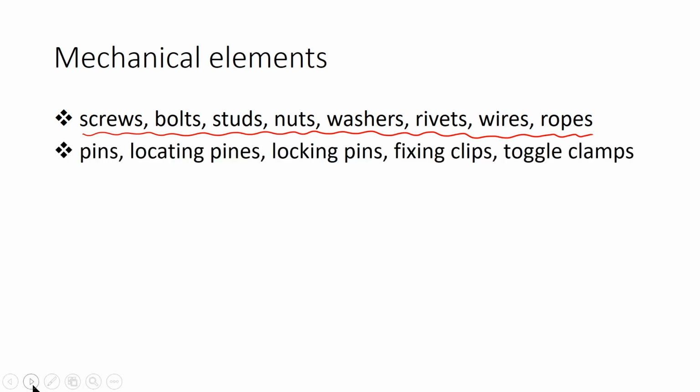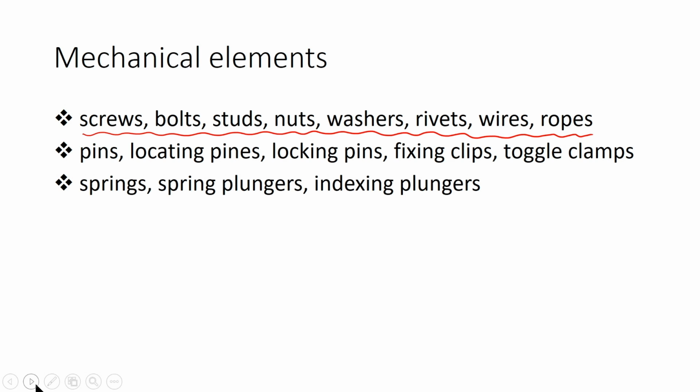In addition to this, we require pins, clips and toggle clamps. Pins are required for fastening or location purposes, for fixing purposes, and the clamps are required to hold the parts. We may also require various spring plungers or indexing plungers.